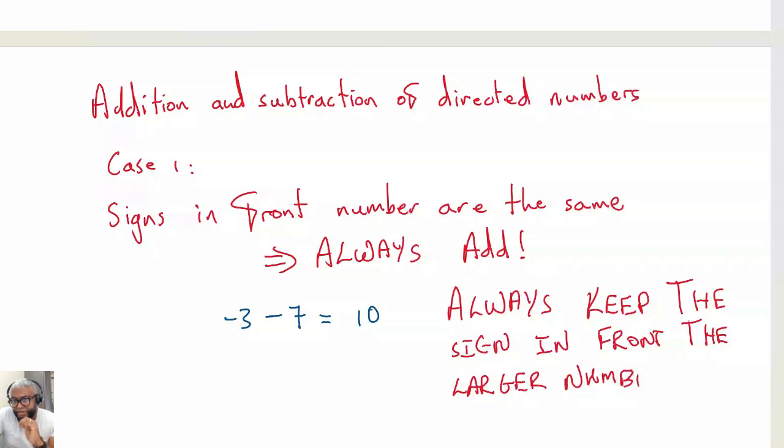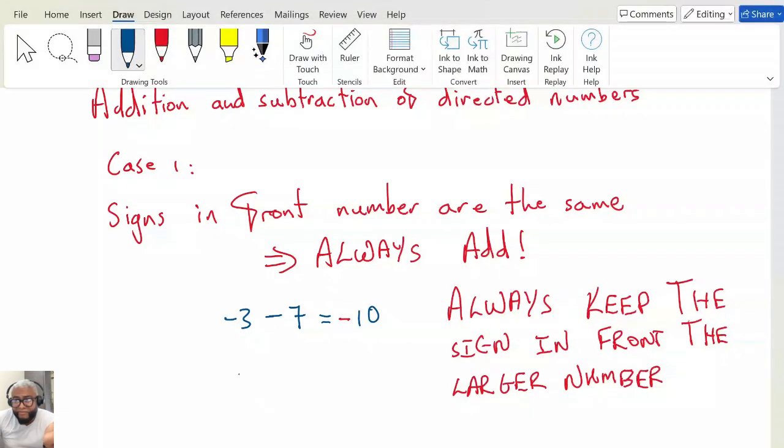Even though the signs in front of the two numbers are the same, I'm training you to always look to the larger number to know what sign to put on your answer, because when you have two different signs, you always have to look to the larger number to know what sign goes in front of your answer. So this here would be minus 10. Everybody good there?